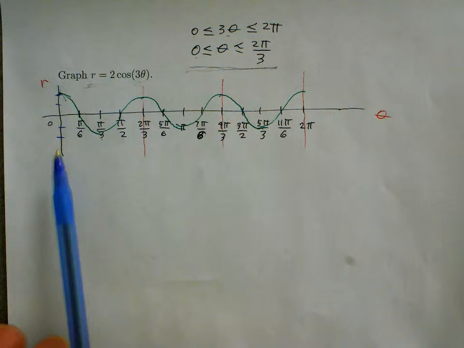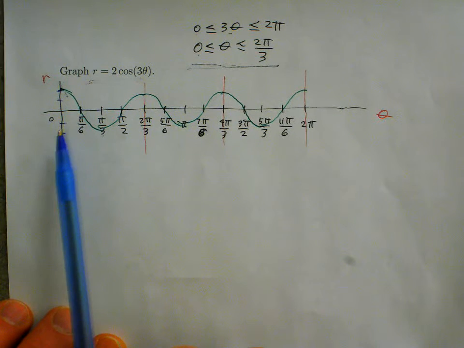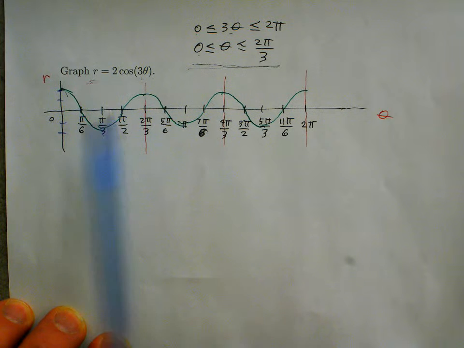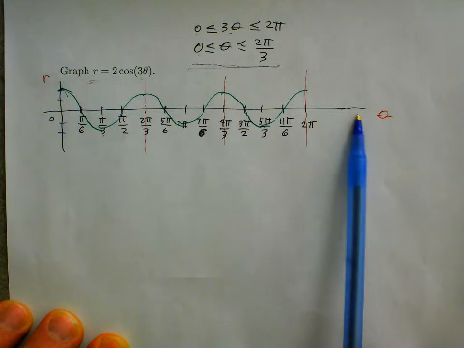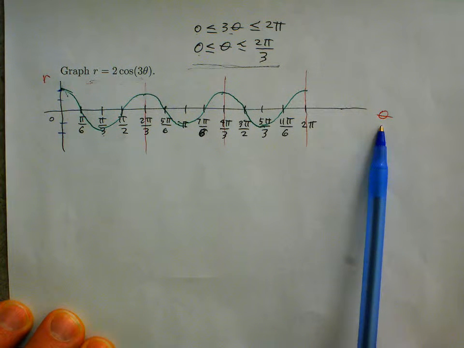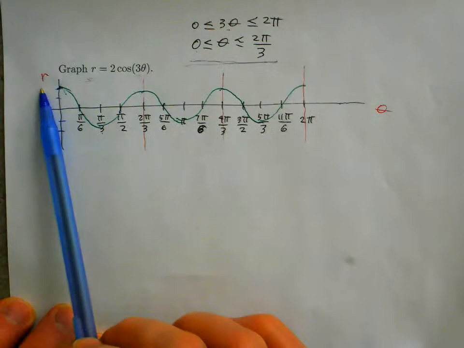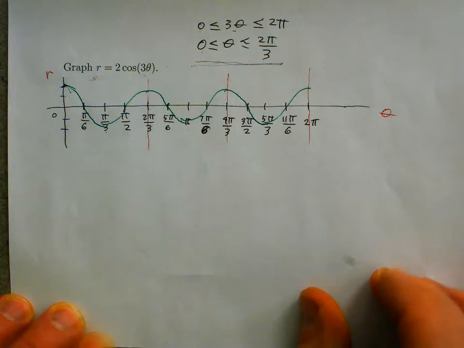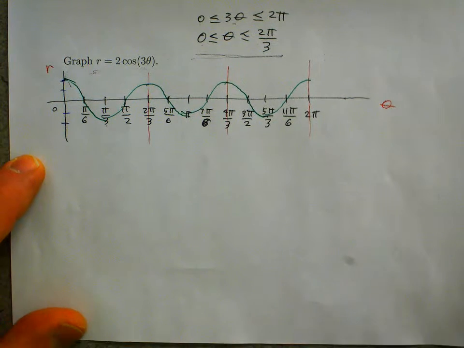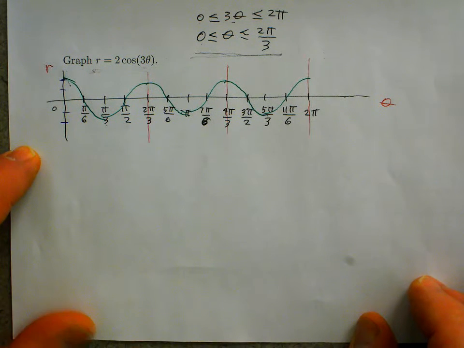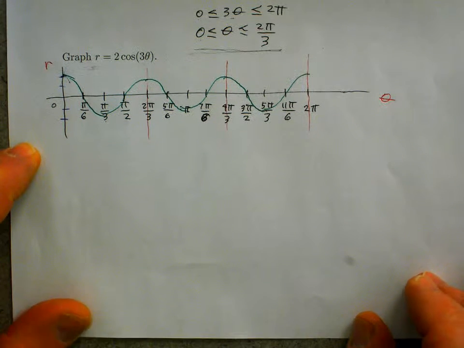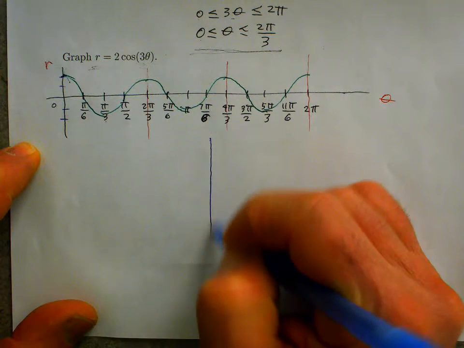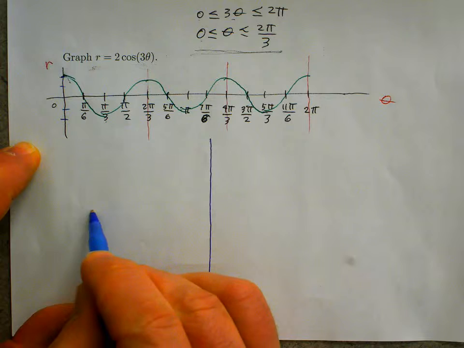So one technique is to first graph r equals 2 times cosine of 3 theta in the Cartesian plane, where theta is the independent variable and r is the dependent variable, and then use this graph to get a graph of the polar curve. So I'll attempt to do that.